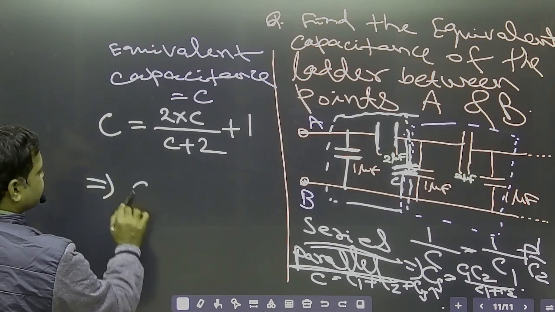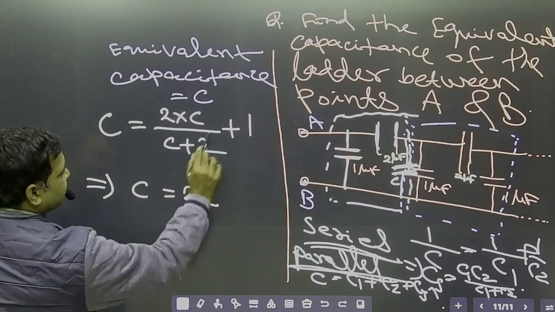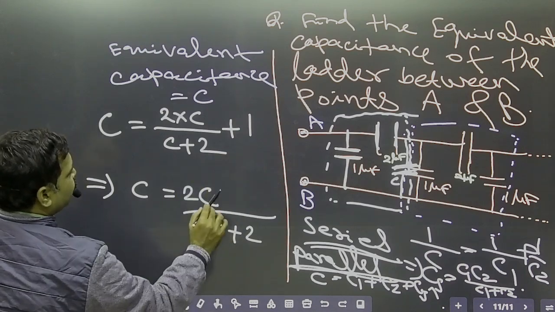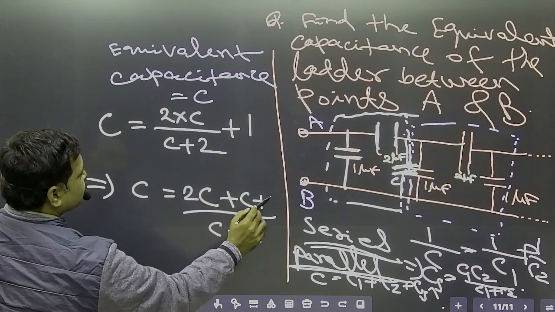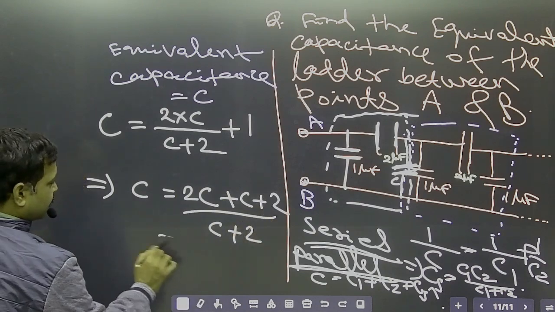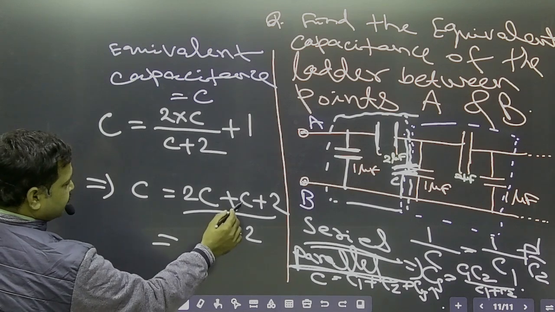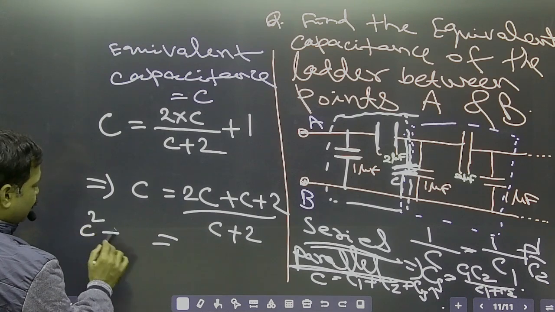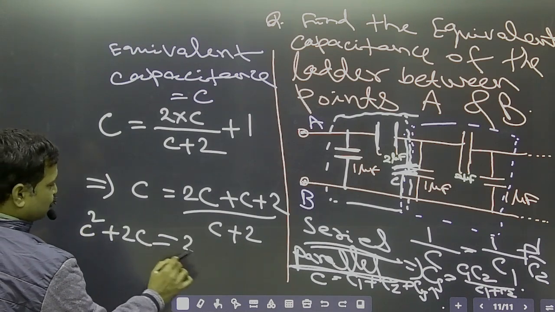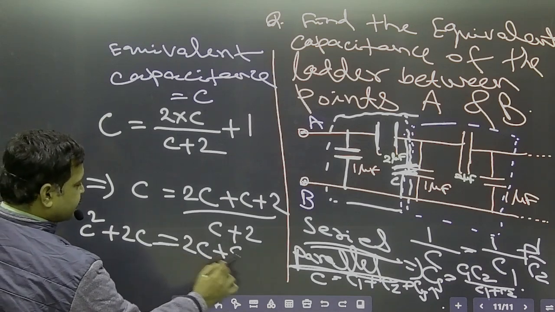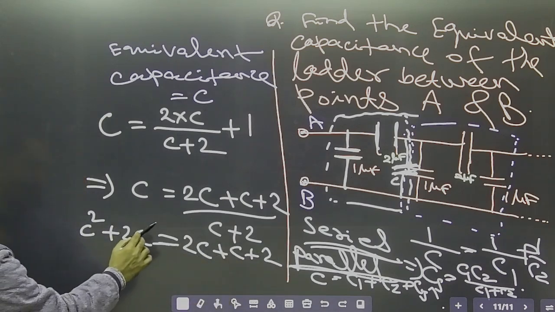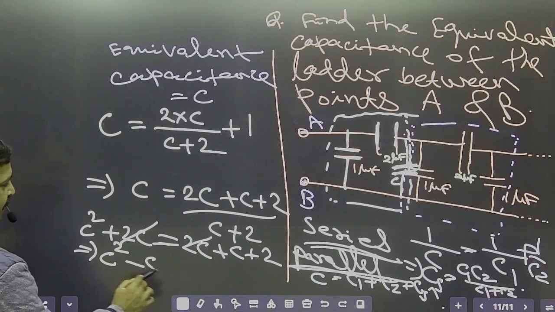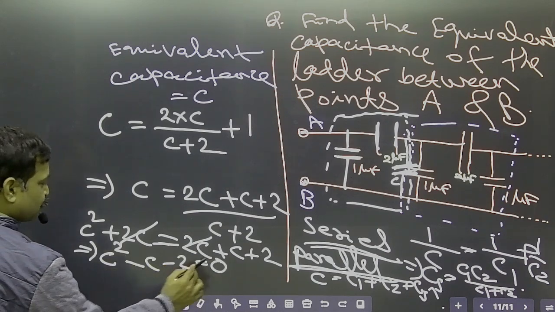So C equals 2C upon C plus 2 plus 1. Taking the LCM as C plus 2, by cross multiplication we get C square plus 2C equals 2C plus C plus 2. Now the 2C cancels out, and we get a quadratic equation: C square minus C minus 2 equals 0.